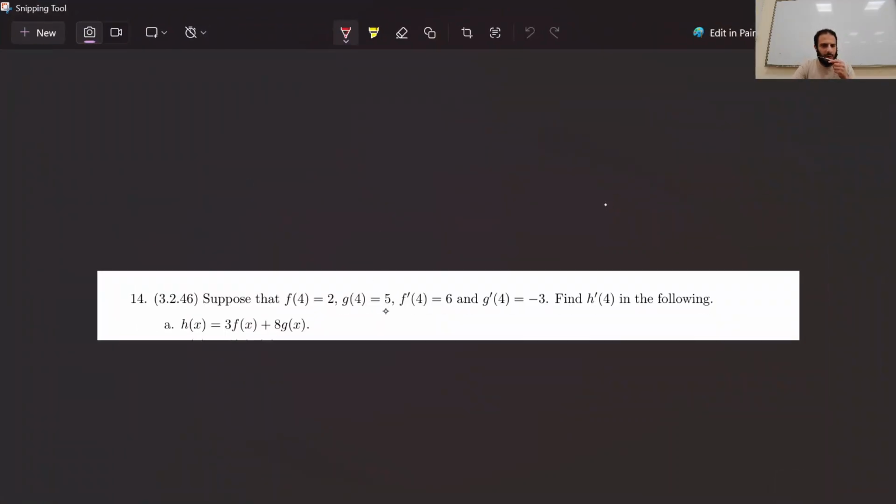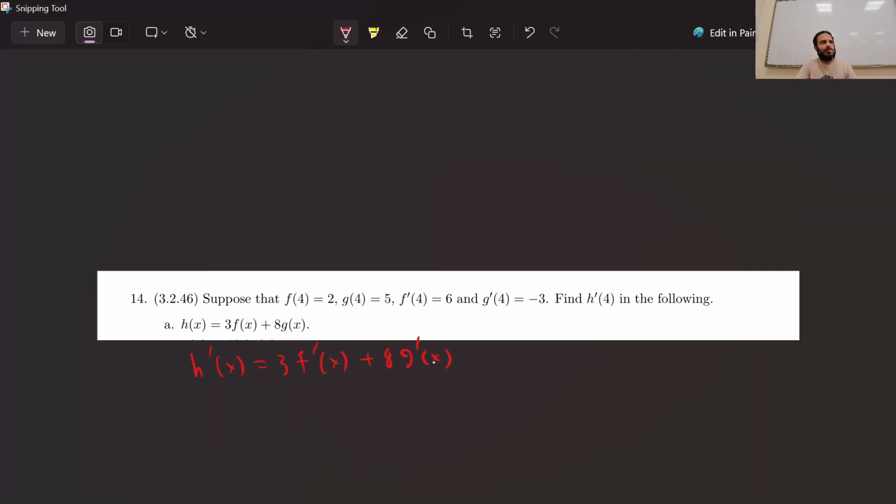Same idea as the last question. You have given values and you want to find the value of the derivative of a specific expression. So h prime of x equals 3 f prime of x plus 8 g prime of x.